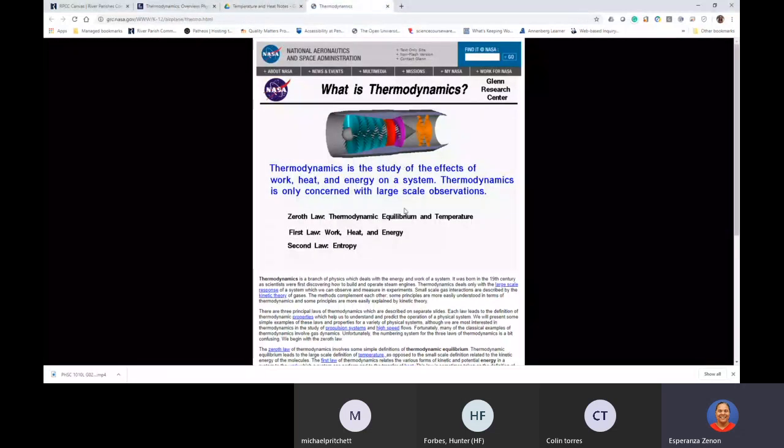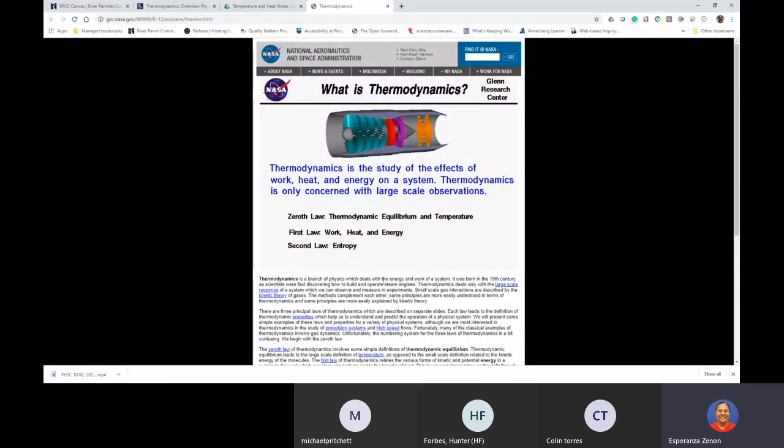So let's take a look at this idea of thermodynamics. So what it is, first of all, it's the study of the effects of work, heat, and energy on a system. So what we're looking at with thermodynamics is the relationship between work, heat, and energy. And we know by now that work, heat, and energy are interchangeable. And we're looking at how they relate to one another in these large scale systems.